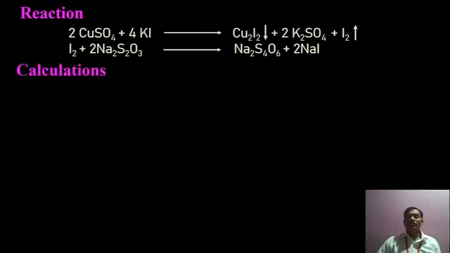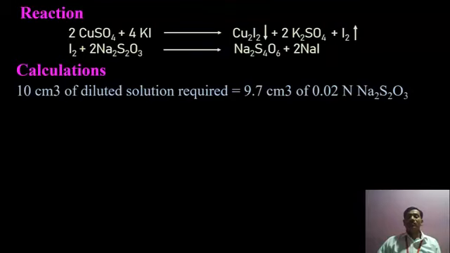Then calculations. So 10 ml of diluted solution required 9.7 ml of 0.02 normal sodium thiosulphate.